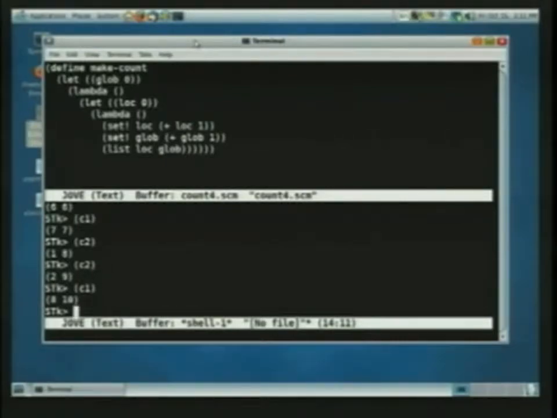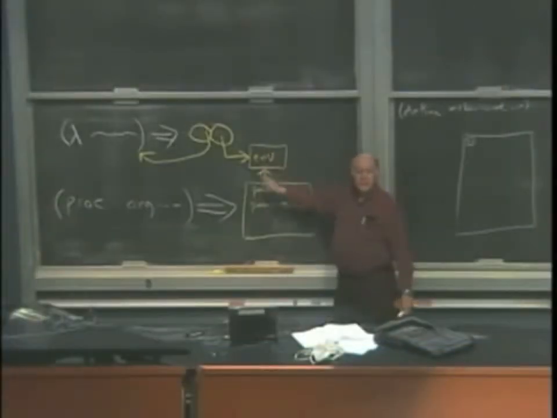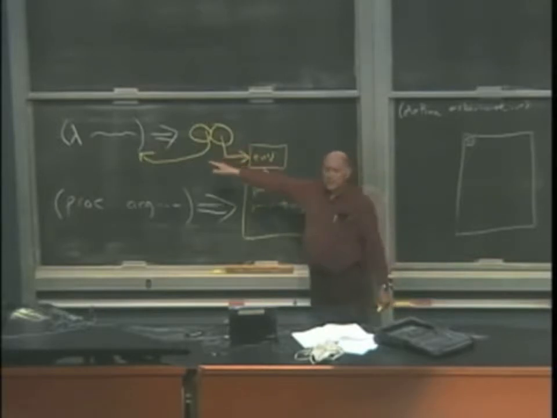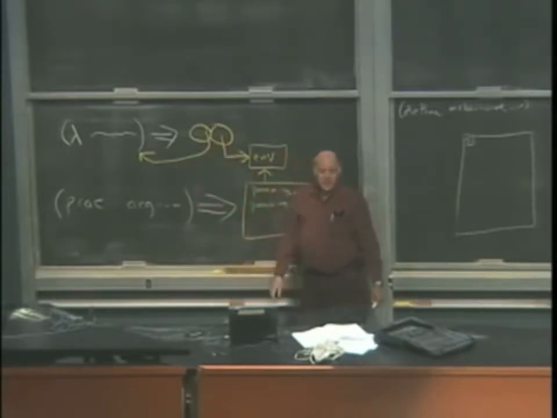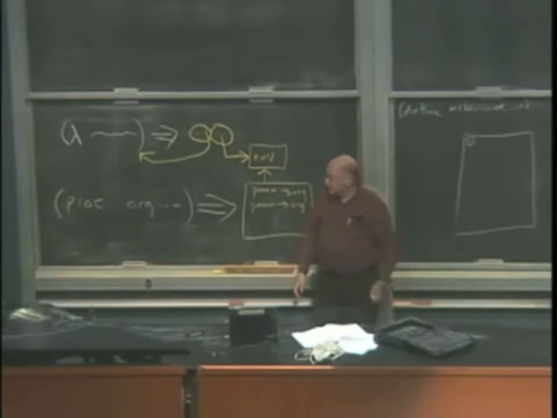Oh, sorry. Up on the board here are the two key rules from last time about environment diagrams graphically. And they say lambda, and only lambda, creates a procedure. And in the procedure, the left bubble points to the information from the lambda. The right bubble points to the current environment.